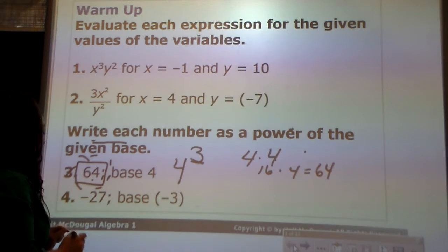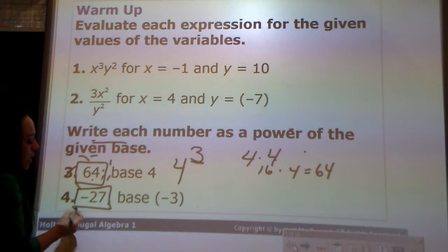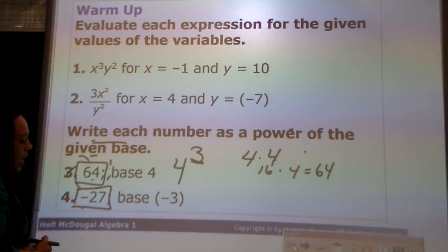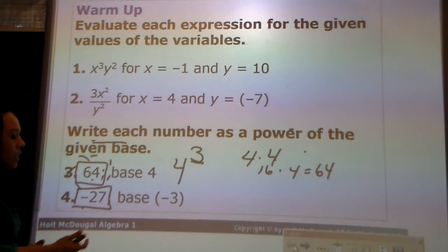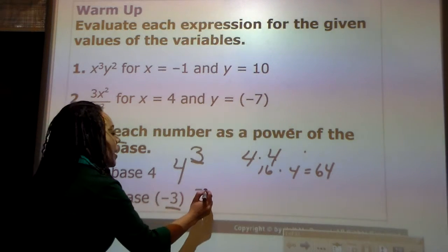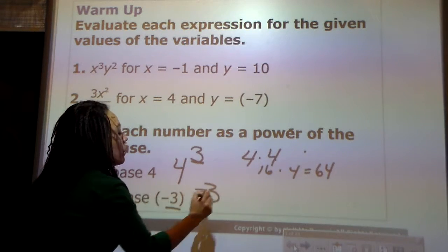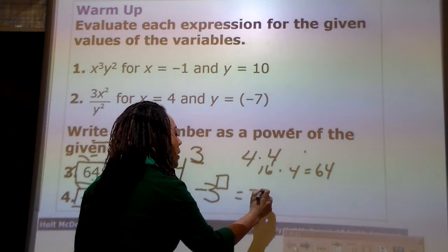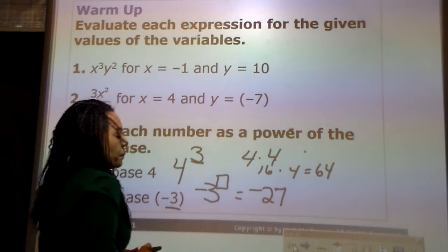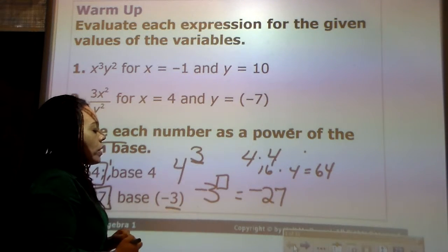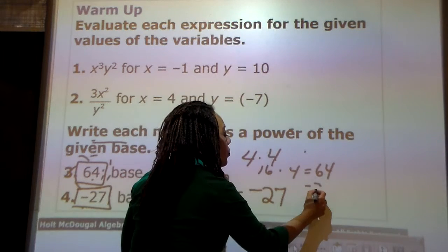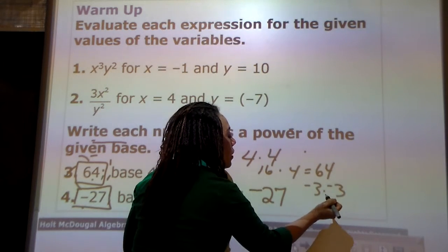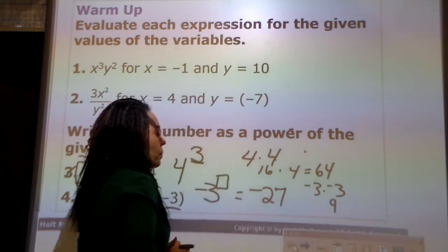The same thing here on number 4 says negative 27. How can I get to negative 27 using a base of negative 3? Meaning, what exponent would I put here that it would equal negative 27? Well, if I start, I would say negative 3 times negative 3 is a positive 9.